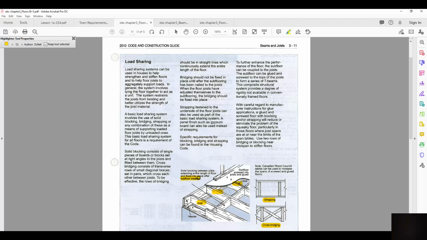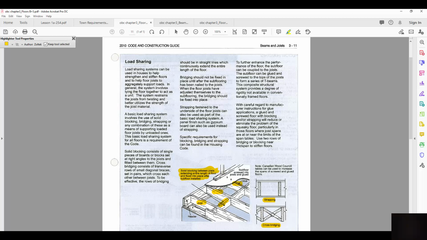Now, the other option in here is called blocking, and that's what this talks about here, solid blocking between joists. This member will add significant strength. Blocking is a piece of wood that is the same height as the joist. So if these are 2x6 joists, use 2x6 blocking. It can also replace cross bridging.